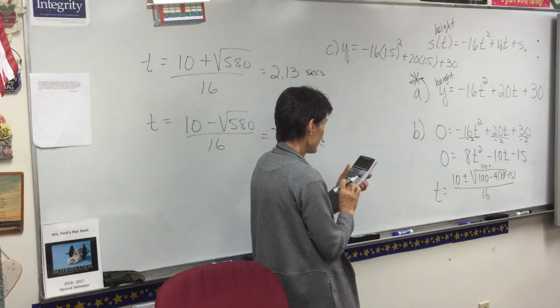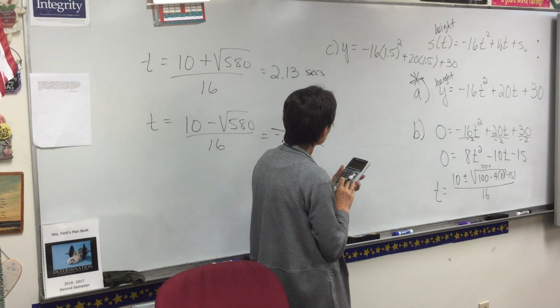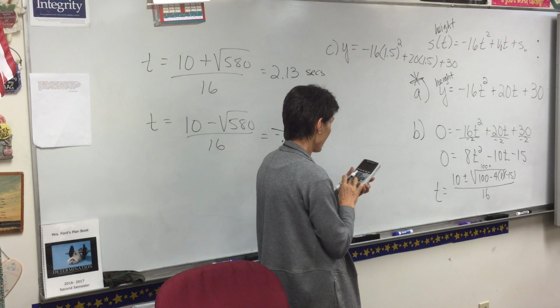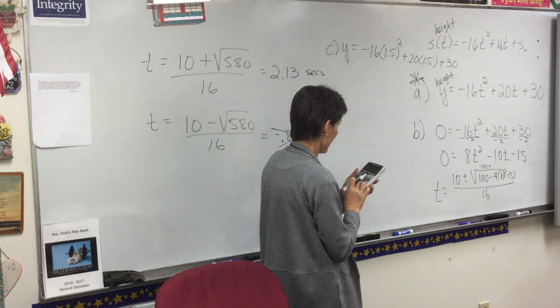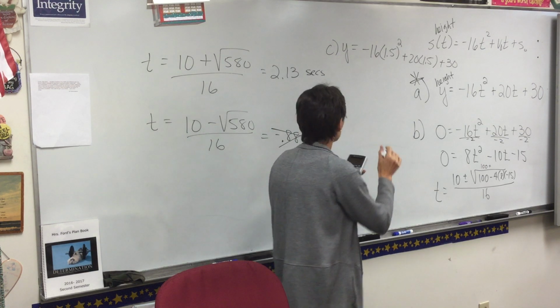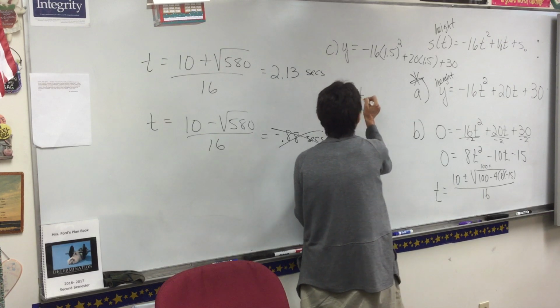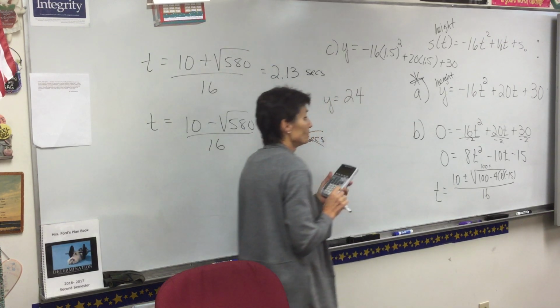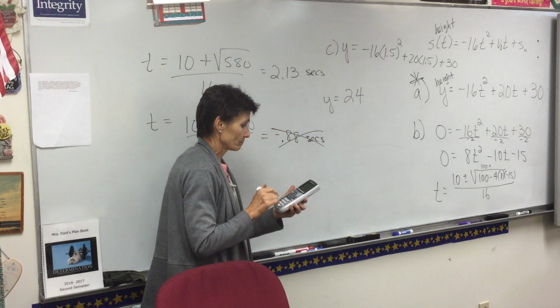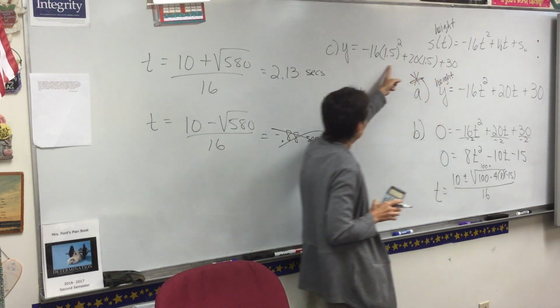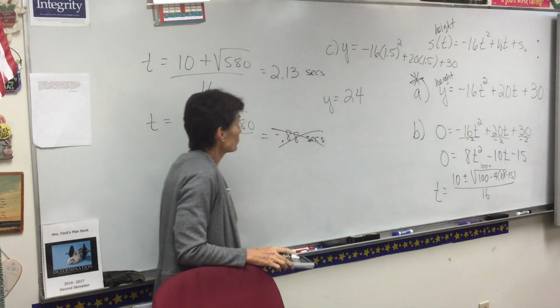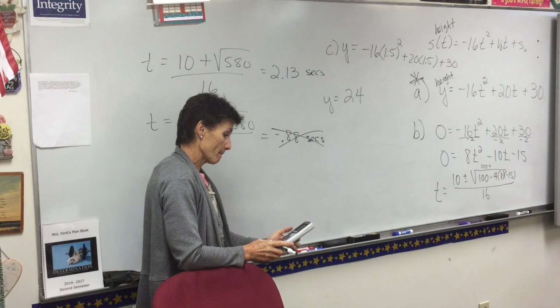So I can just type that in, negative 16 times 1.5 squared plus 20 times 1.5 plus 30. I got 24. Just type it in just like it looks right there. If you just type that in exactly like it looks, you should get 24 unless I made a mistake.